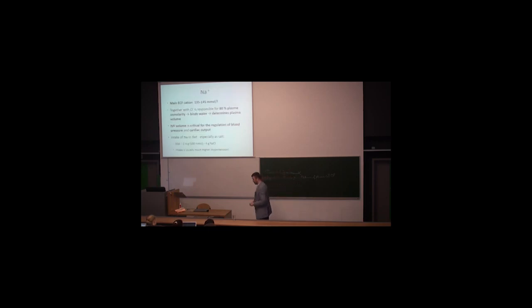So in blood plasma, the situation is that sodium is the main extracellular cation. Concentration reaches 135 to 145 millimoles. Inside the cells, as you know, the concentration is much lower, more than 10 times lower, so you have there around 4 to 12 millimoles.